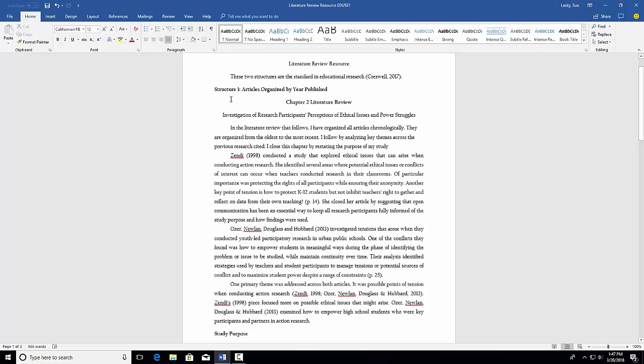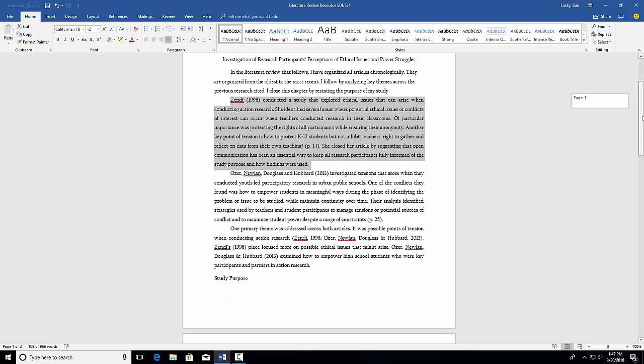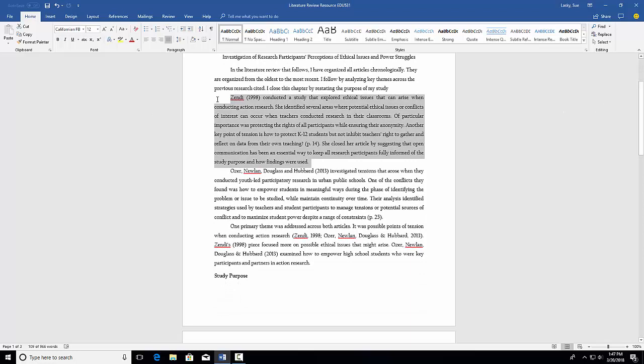So when we take a look at the actual structure, structure 1, when articles are organized by year published, you're going to notice that there are no level 2 headings identifying a new theme or a new article. You simply start the new paragraph or the discussion of the new article by giving the author's last name and the year it was published.